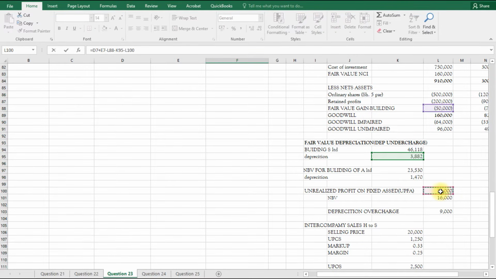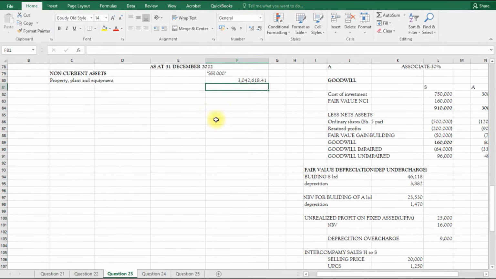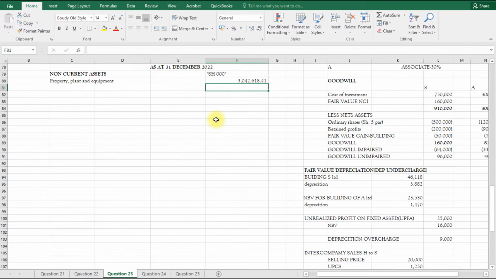And I will add the depreciation that was overcharged, the depreciation overcharge of 9,000, because that value was overcharged. So that will be our value. I will round it off and remove, that way is okay.